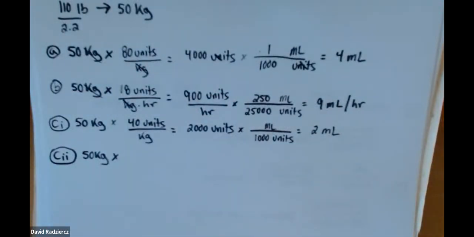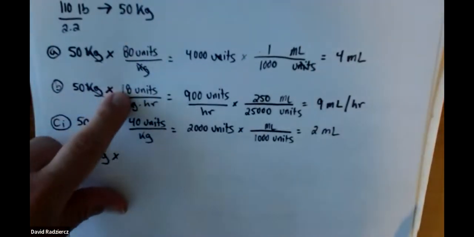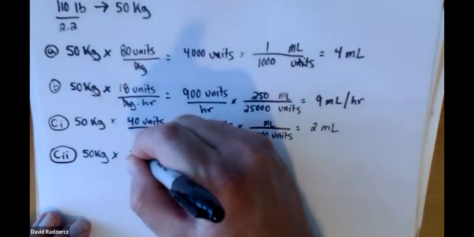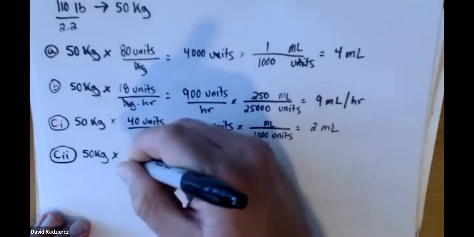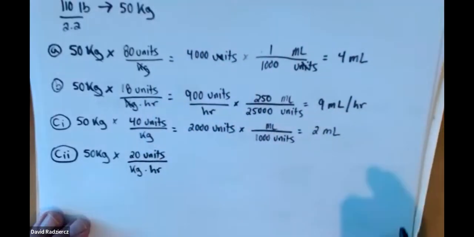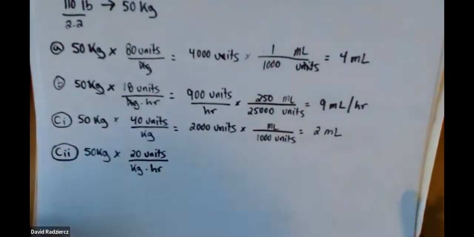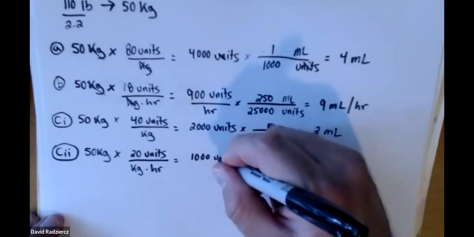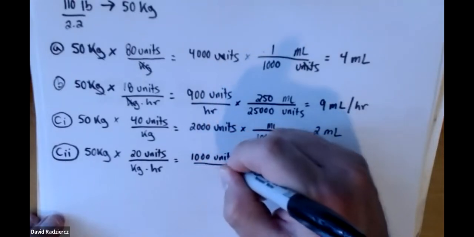Remember, it said to increase the original by 2 units per kilogram per hour. What was our original? 18 units per kilogram per hour. So we're going to increase it by 2. So 18 plus 2 is 20 units per kilogram per hour. 50 times 20 is 1,000 units per hour.